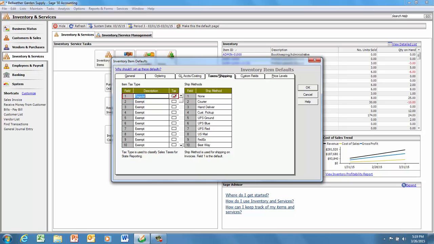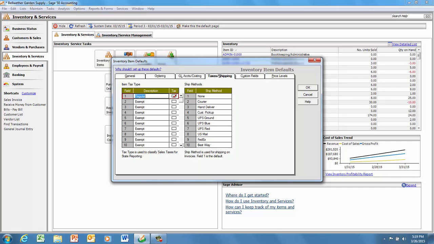This is where you can set up taxes. And so Bellwether Garden Supply only really has two. Either it's a taxable thing, which is, like I say, most inventory item products are going to be taxable as far as sales tax is concerned. And so we put that check mark there. And then number two is exempt.